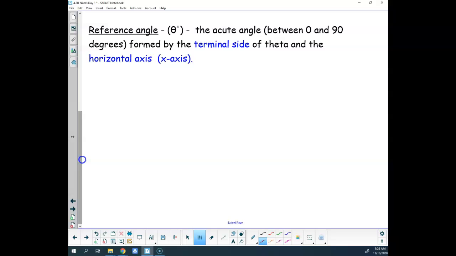The reference angle we call theta prime. Theta prime is the acute angle, so that means it's between 0 and 90 degrees, formed by the terminal side of theta and the horizontal axis.